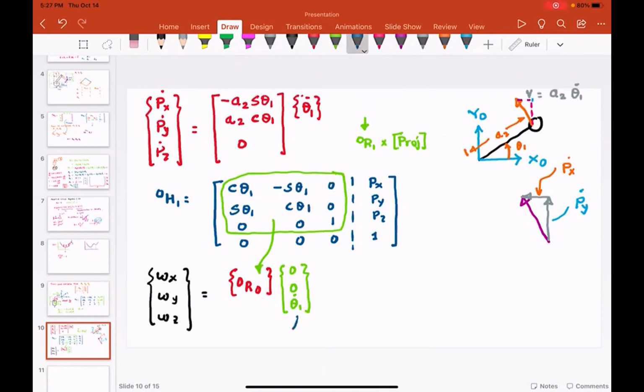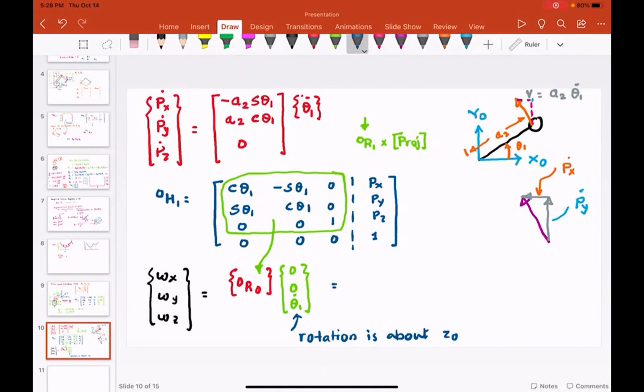because this rotation is about z0. What is 0R0? 0R0 is the projection of the zeroth frame on the frame itself.